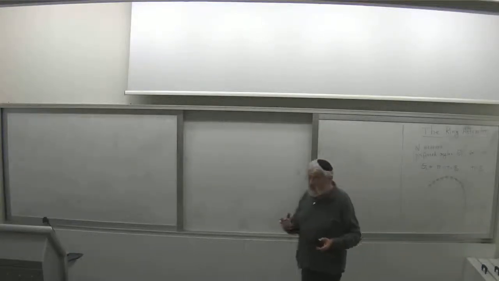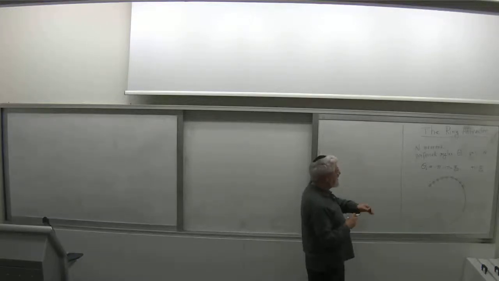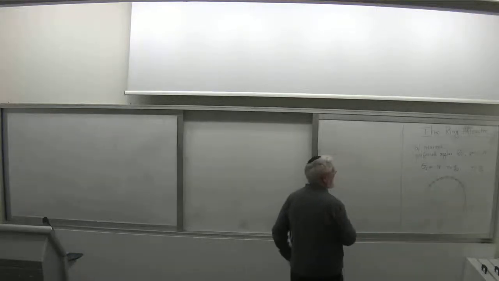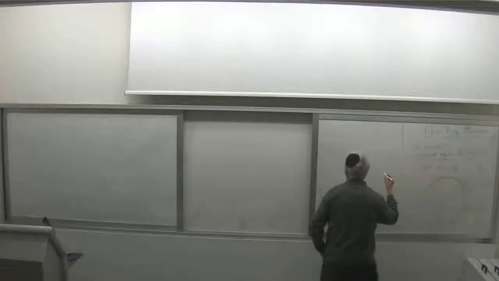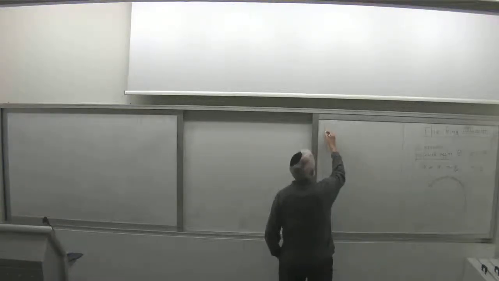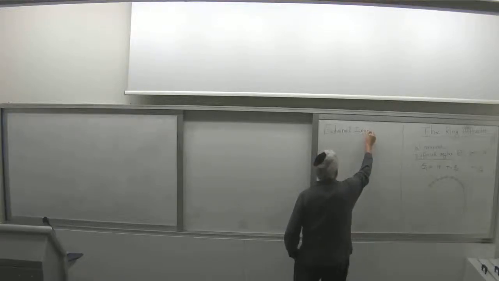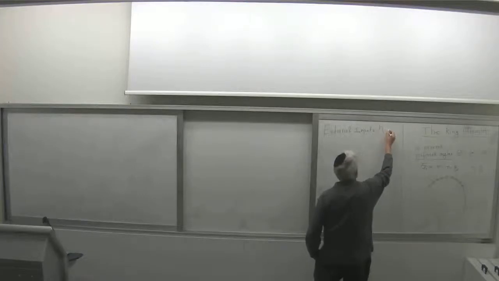Okay. Now, what does it mean that I put the neurons along the ring? It means first of all that each neuron has a preferred angle, and this means that if I look at the input to the neurons, let me denote the external input by h_i of theta.